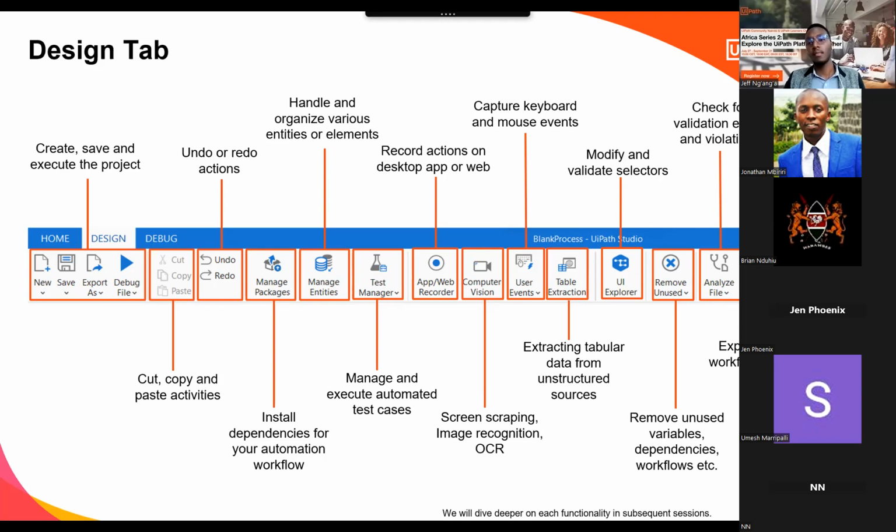I'm sure some of us probably are not aware of what the Orchestrator server is. So there'll be a future session that is going to dive deeper into what Orchestrator is and what you can do on Orchestrator. But in summary, it helps you to manage your deployments, deploy new processes, and just monitor how your deployed processes are doing.